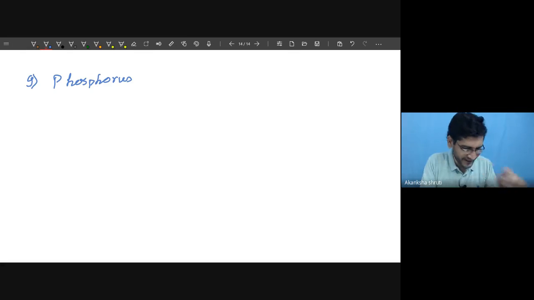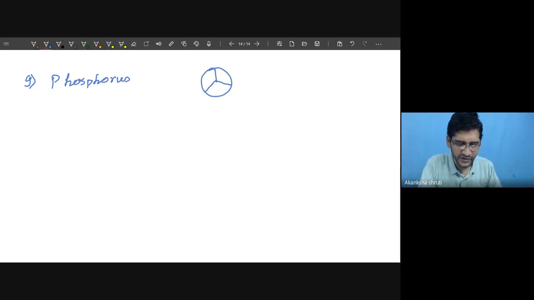The symbol given was this circle, and in this circle an inverted Y has to be written, meaning the circle should be divided into three parts. Here we are observing it is difficult to remember this symbol of phosphorus. Nowadays, for simplicity, it is denoted by only P.